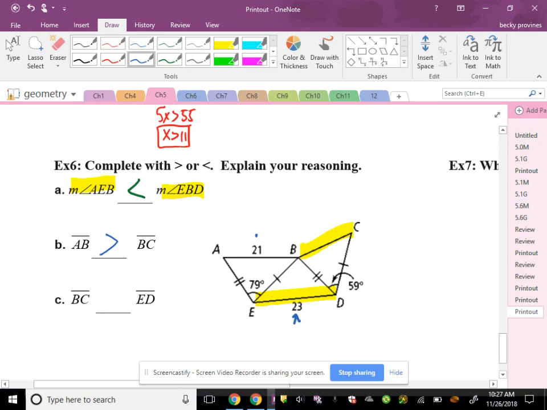My brain is shutting down, guys. All right, so I know I'm looking across. Okay, so we found earlier that this angle was the largest, so I know this one is the biggest. So ED is the biggest. There we go. I got it.